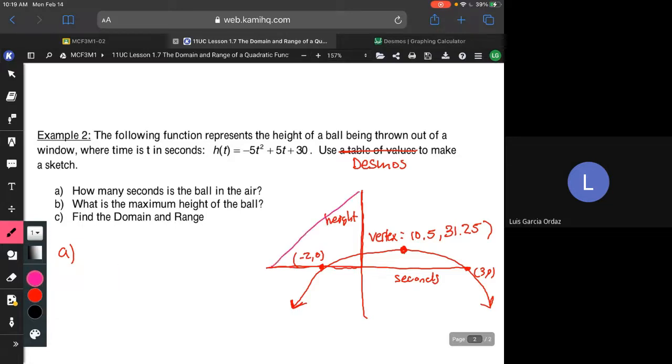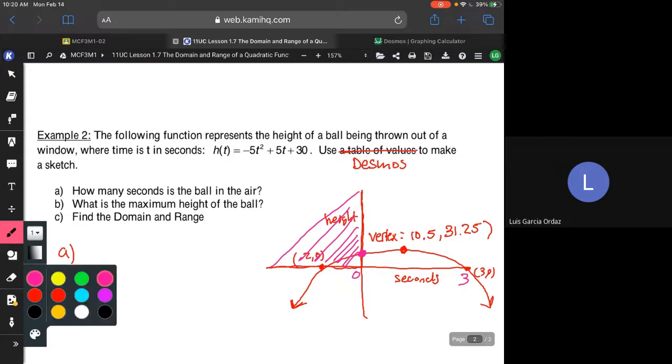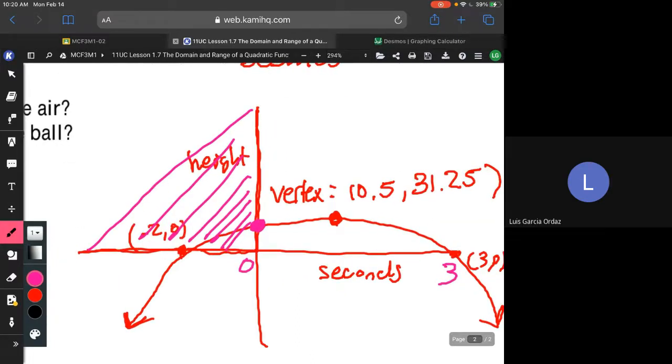You don't have to worry about it. So how many seconds based off of this graph was the ball in the air for? Ashton, what are the coordinates on the right? 3 and 0. So how many seconds was the ball in the air for? 3 seconds.